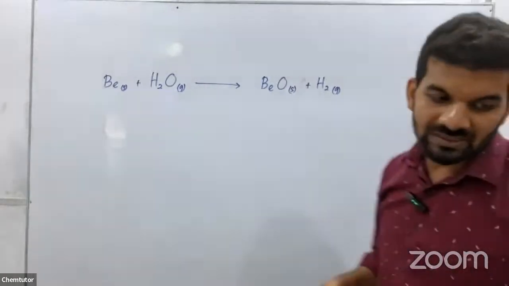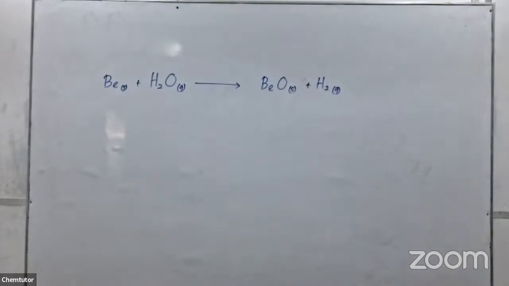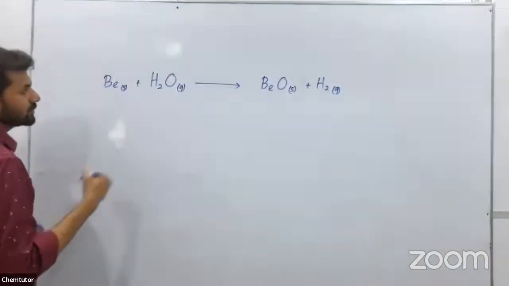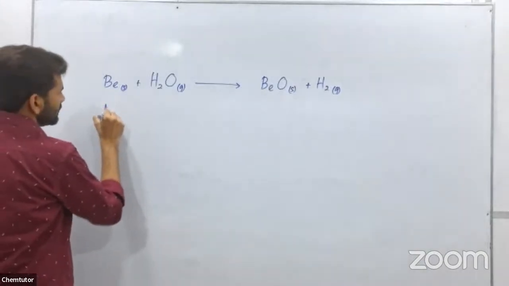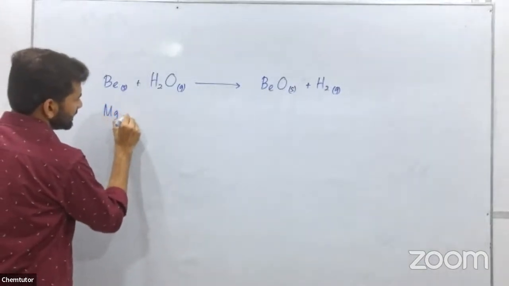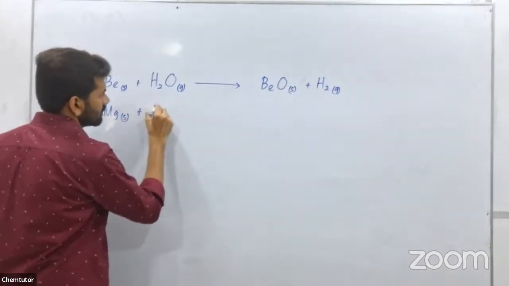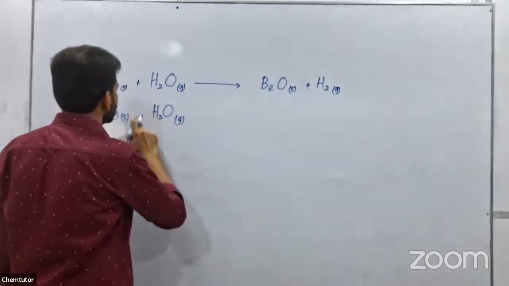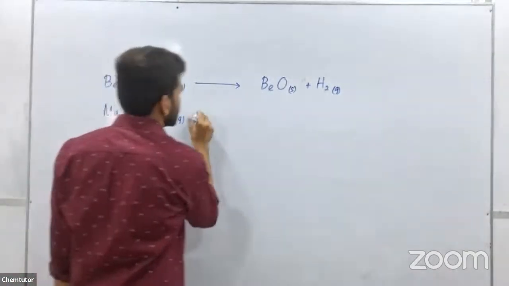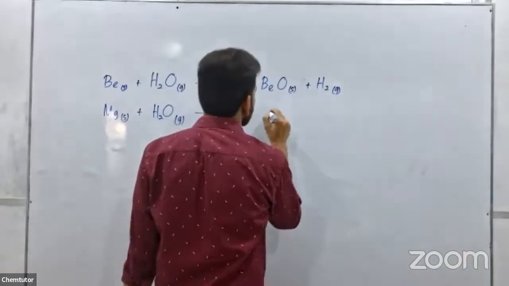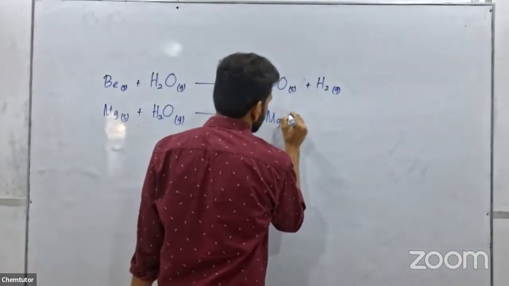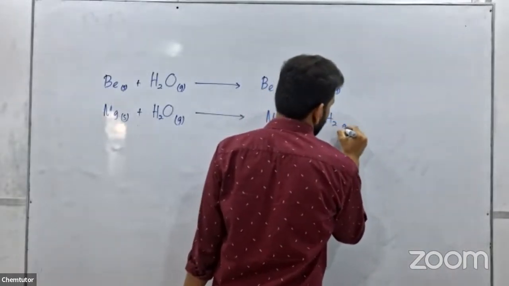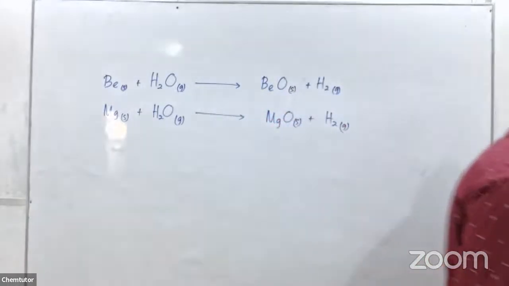So that is the next question. How do magnesium and beryllium react with steam? Beryllium gives beryllium oxide and H2, and magnesium shows a similar reaction, like this.